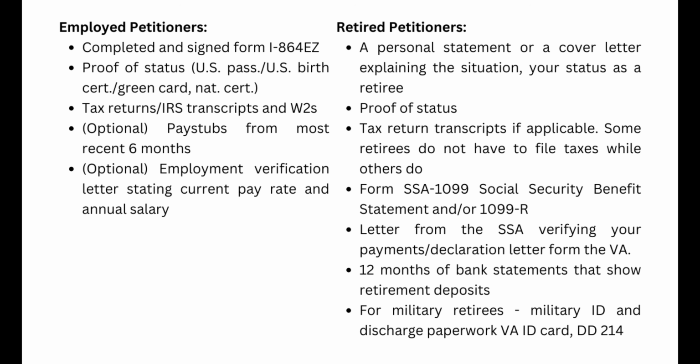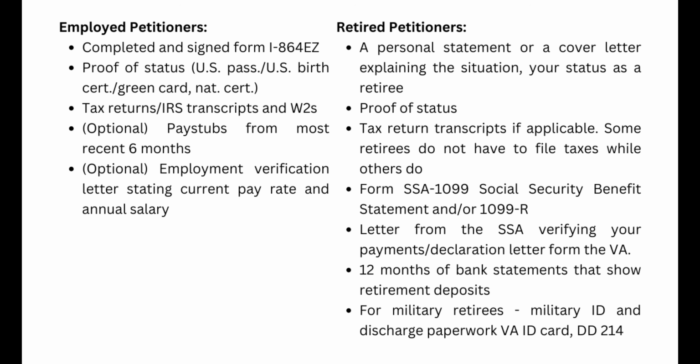As a retired sponsor, the following evidence needs to be provided. Firstly, you should provide a personal statement or a separate cover letter for this form explaining your situation and your status as a retiree. Next, provide proof of your status, as we just discussed. Provide your tax return transcripts if applicable.